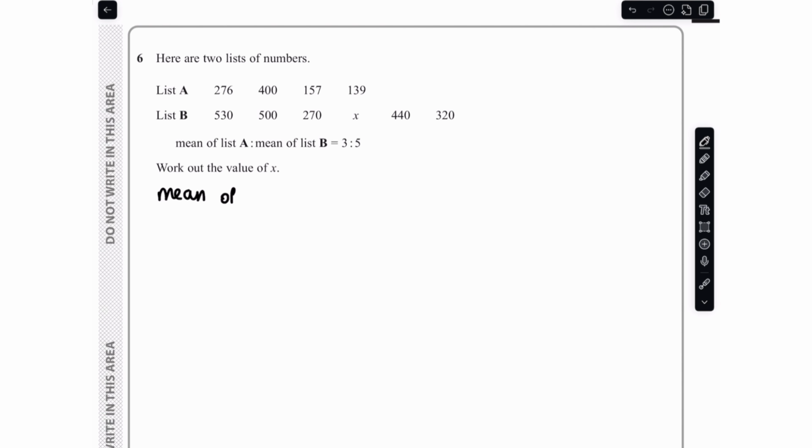So the mean of list A equals 276 plus 400 plus 157 plus 139 divided by 4, and that gives you a value of 243.